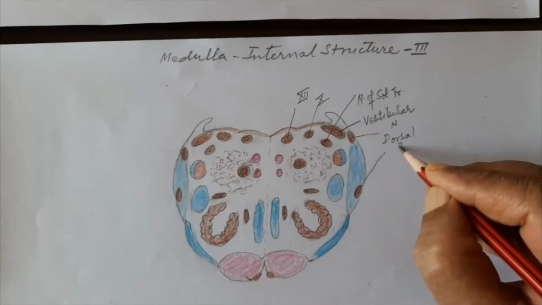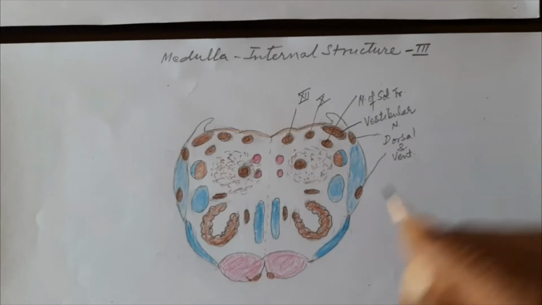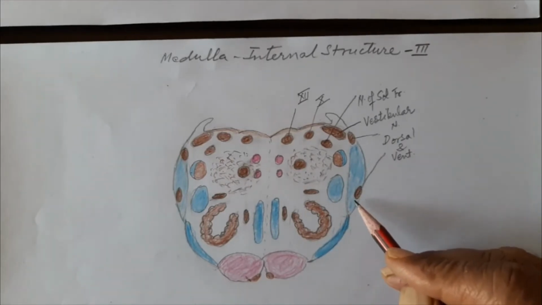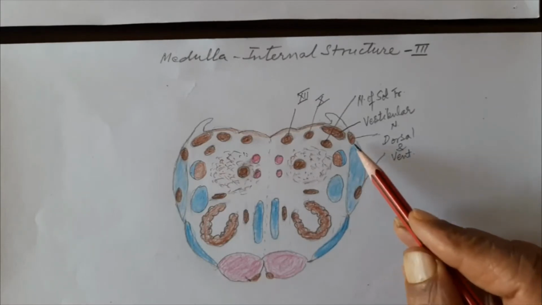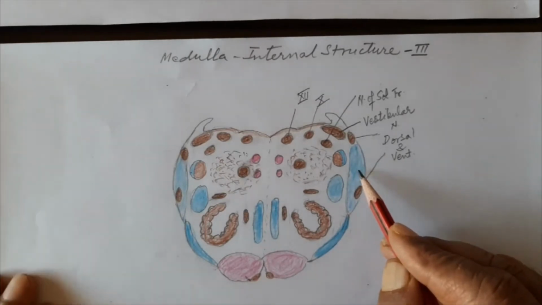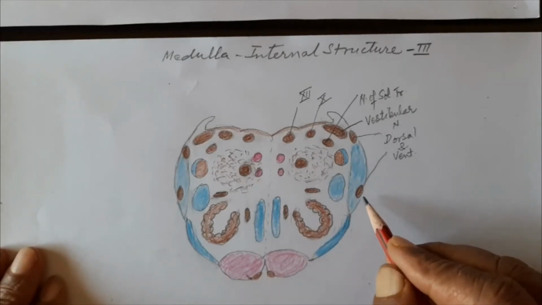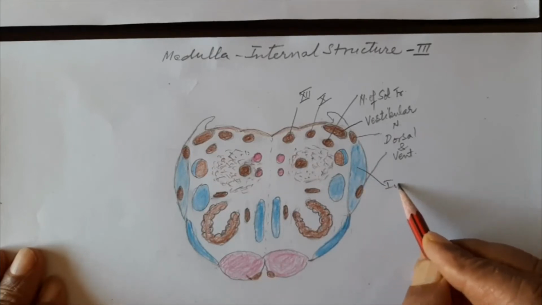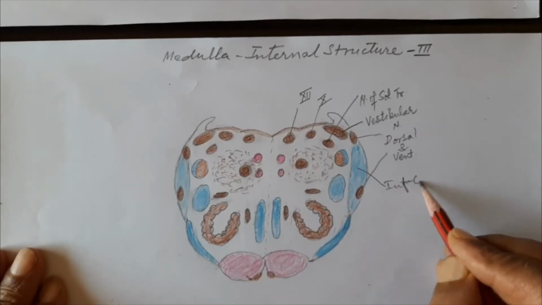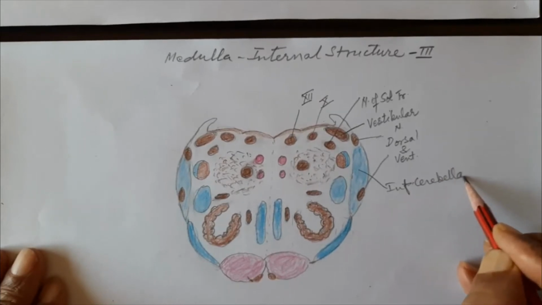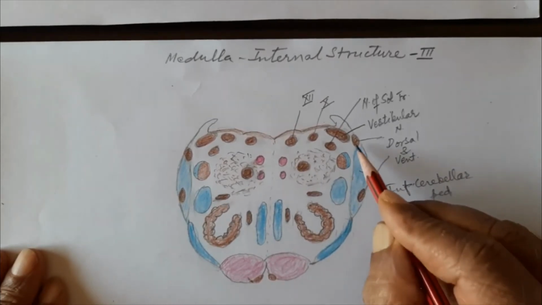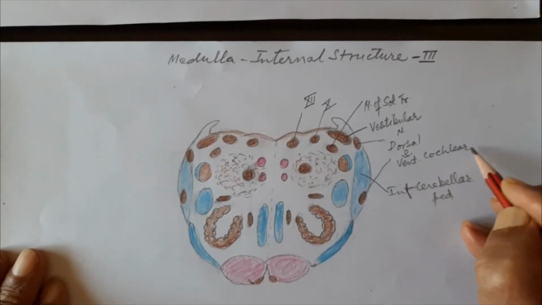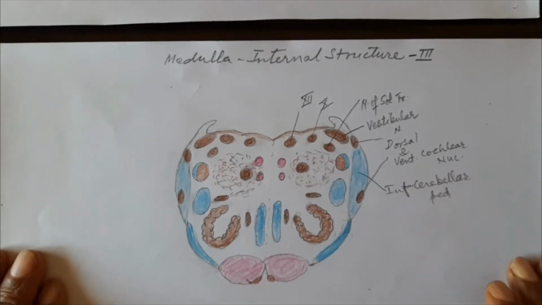They are in relation to this white bundle of fibers, which is the inferior cerebellar peduncle. So these are the dorsal and ventral cochlear nuclei.